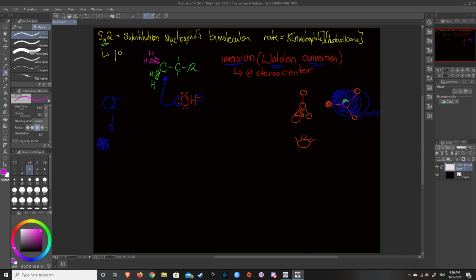And this guy, since he's just to the side, he stays to the side. He will invert too, but not in my picture. If we wanted to draw him inverted, I can basically just draw another CR group up here, erase off the old groups, and then this hydroxide is the new group that's coming out of the top.